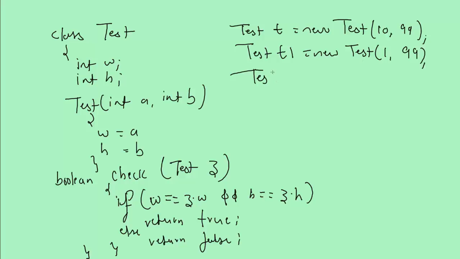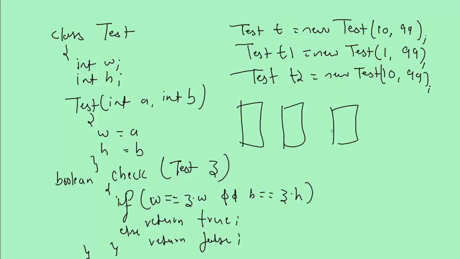There's one more object, let me create. There's a reason behind this, let me explain later. So just observe here. There are three memory allocations created by us: T, T1 and T2. The instance variable values right now are 10 and 99.